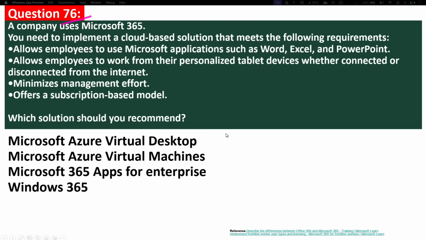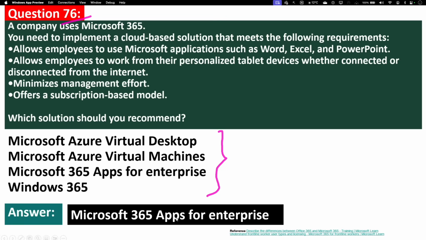This is a quite easy question. I'm sure you already know the answer. The right answer is Microsoft 365 Apps for Enterprise. Microsoft 365 is available as a subscription-based service and provides Microsoft apps for employees to use online and offline.